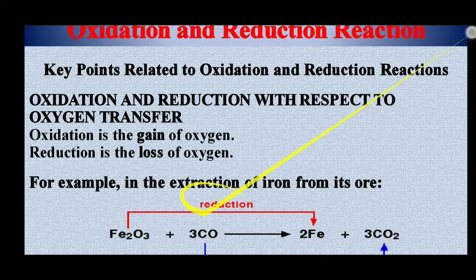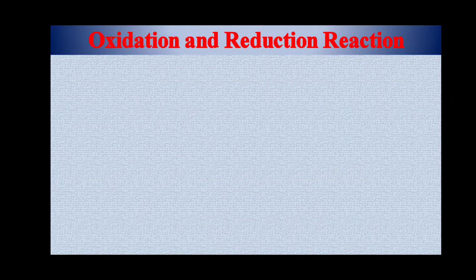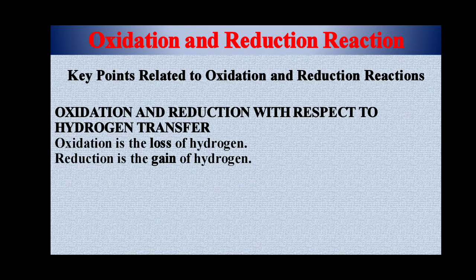Okay, now let me explain the second key point, oxidation and reduction with respect to hydrogen transfer. It is the same way, but opposite. In the previous one, addition of oxygen is called oxidation, but here addition of hydrogen is called reduction.